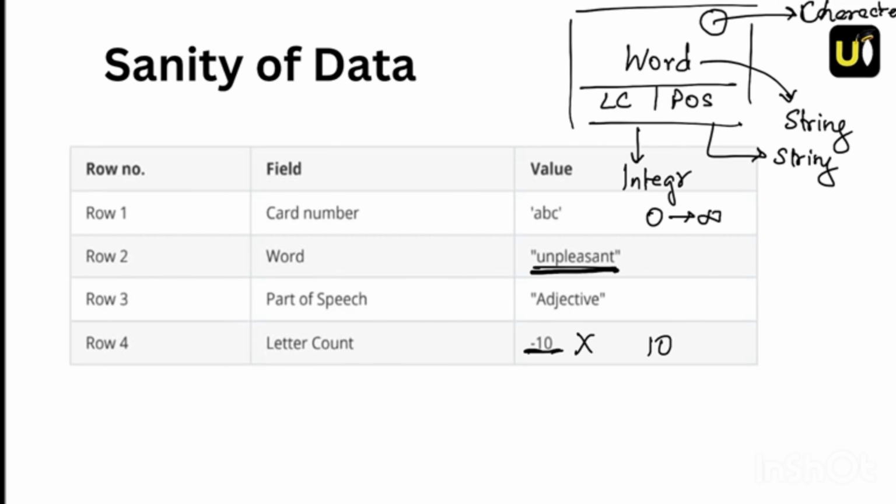Similarly, let's say for an integer, if the value is given something like ABC or a random name, then the sanity of data is not maintained in this case because an integer can only be numbers, right? So if the value is like 1, 2, and 3, then here the sanity is maintained because, of course, it's an integer. So that's all about the sanity of data.